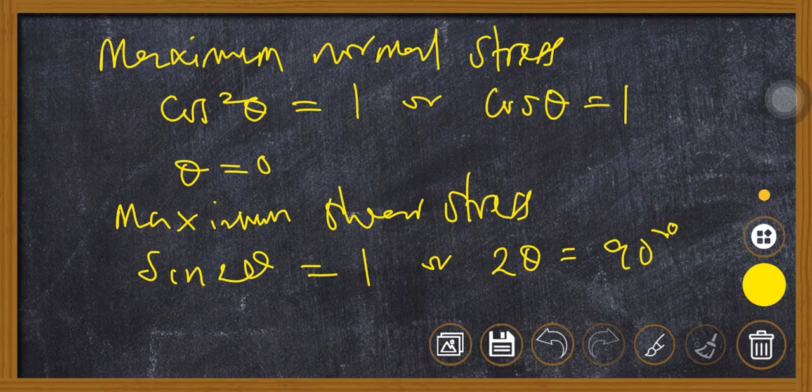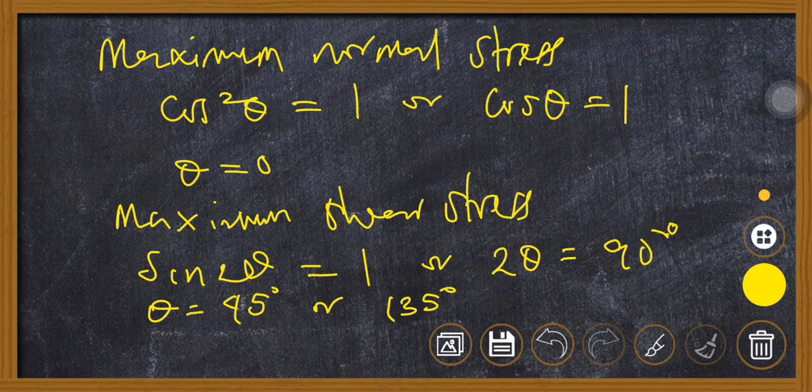And don't forget that we can always get this 2 theta to be 90 degrees. So that simply means theta is equal to 45 degrees. And note something again: maximum shear stress can occur when theta is equal to 45 degrees or 135 degrees.